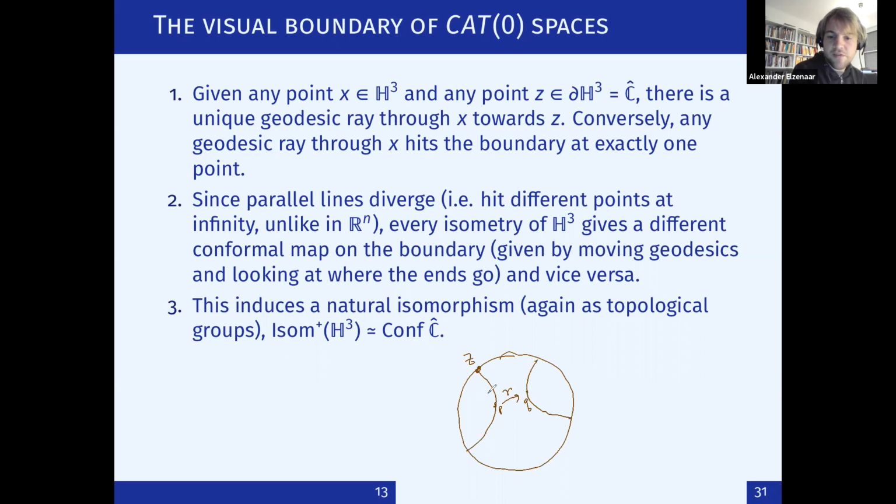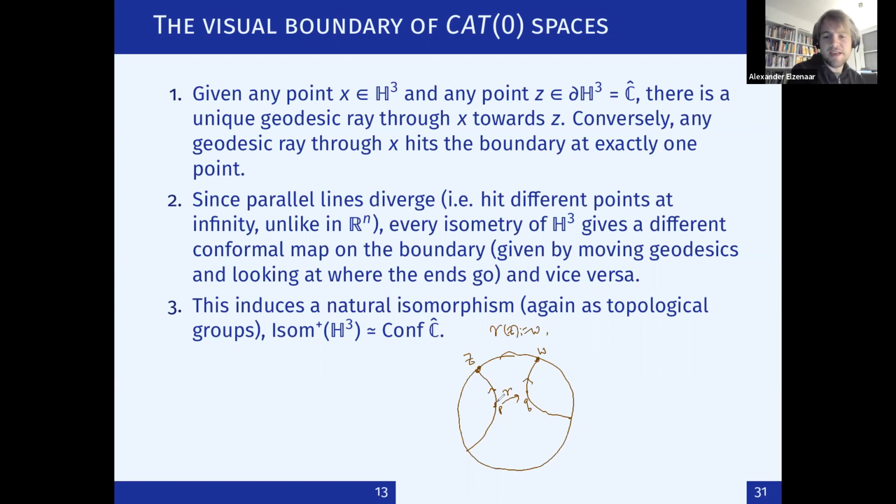And in fact, if this geodesic is oriented, so I can distinguish these endpoints apart, then this image geodesic is also oriented. So I get some point W at the endpoint of this geodesic, at the positive end of this geodesic, and I define gamma of Z to be equal to W.